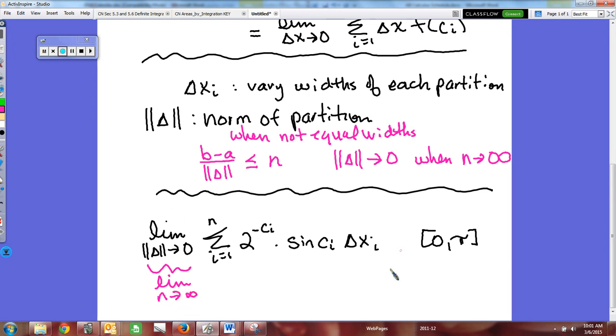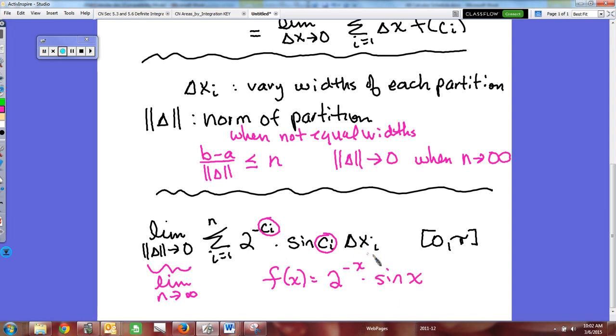And then that will make sense when you're looking at this, that here's my endpoints that I'm plugging in. So here's my input into the function. So the function f of x must be 2 to the negative x times sine of x. Here's your delta xi's.